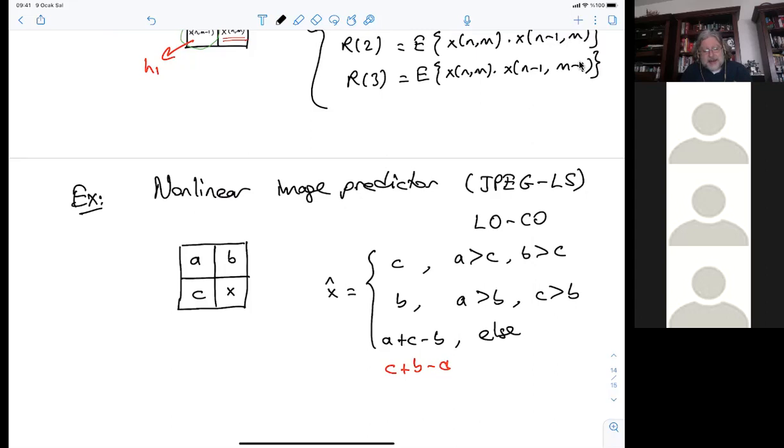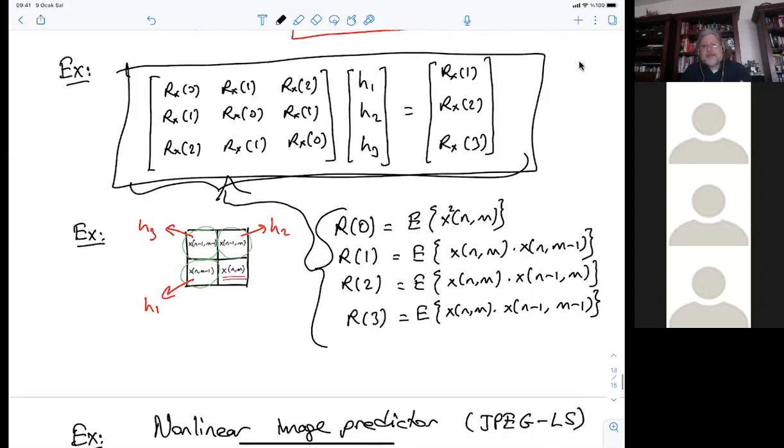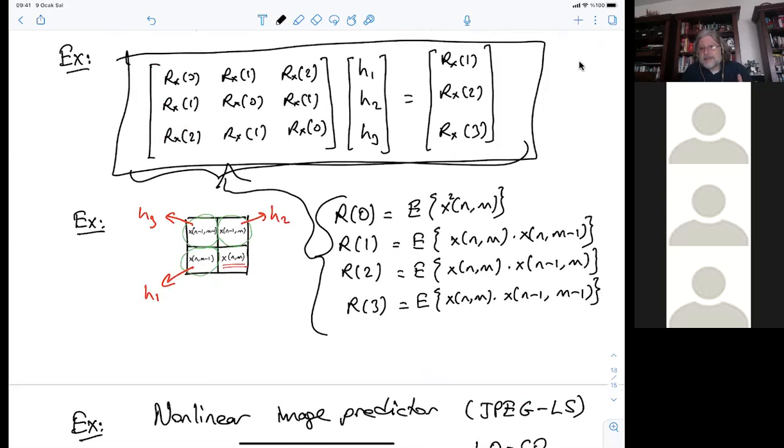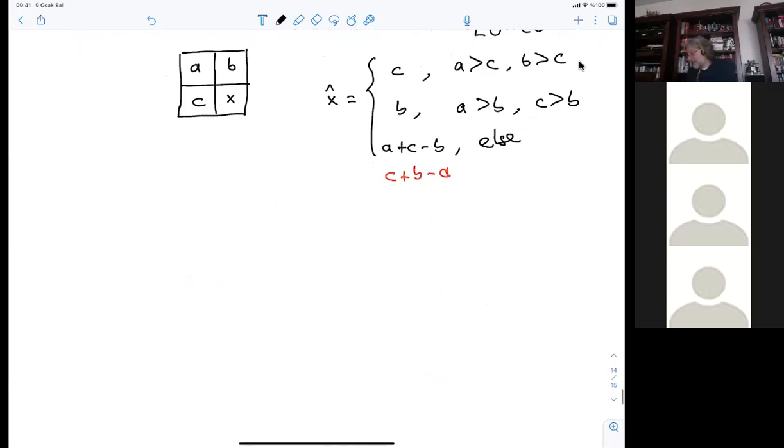We cannot make an analytical calculation. It works, and when you do that, you will see that this is probably, for normal images, performing better than this linear predictor that we have for the 2x2 case. So this nonlinear predictor usually works better.